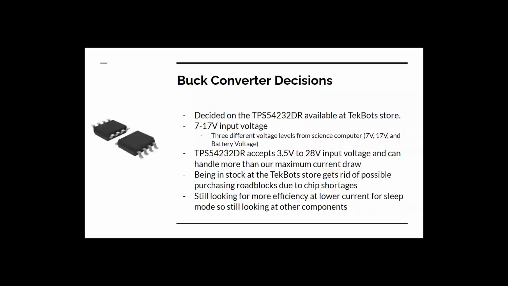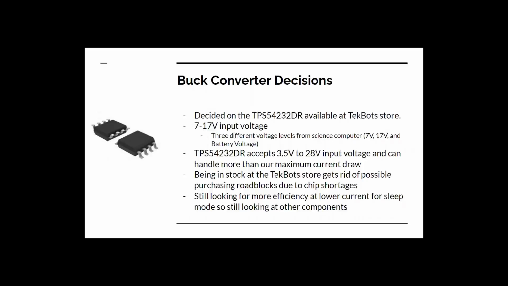For the power supply, we decided on the TPS54232 buck converter chip. For our supply voltage from the collider, the main board is going to give us between 7 and 17 volts, and the TPS54232 can take between 3.5 and 28 volts input voltage. So that works out fine.